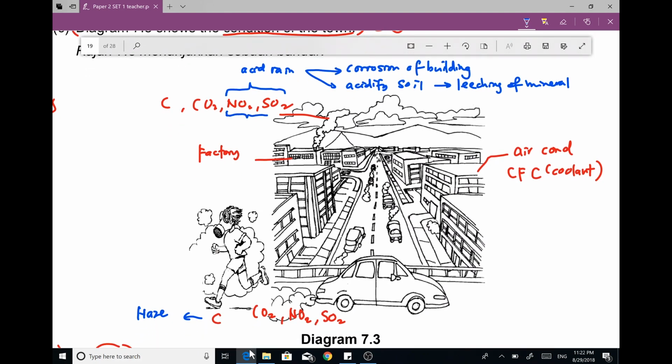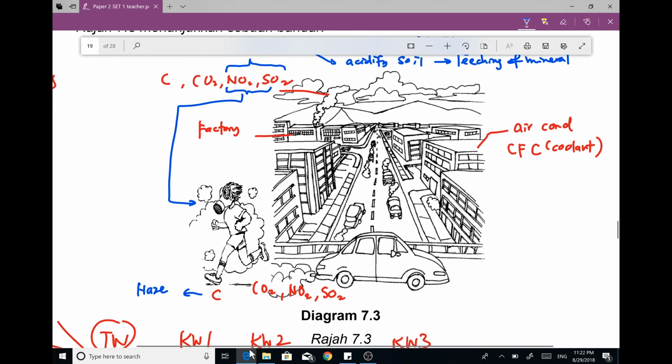Okay, so these two gases together, of course, might also cause some health problems, such as asthma or bronchitis.